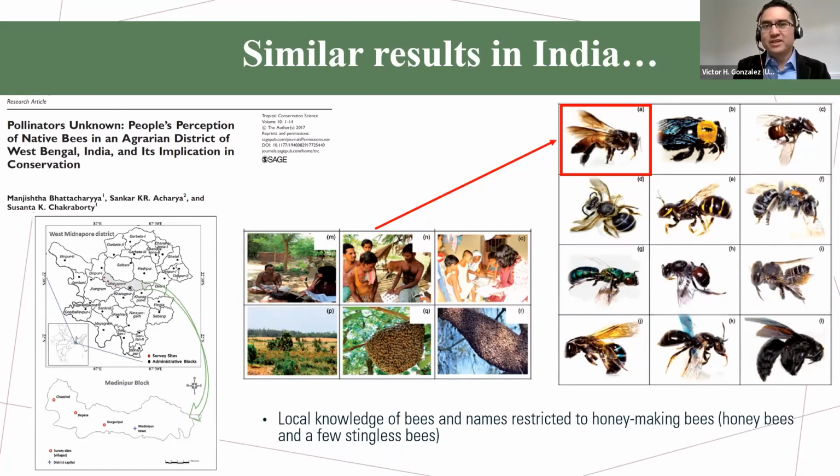These stingless bees are also social bees that make honey. And what is interesting is that they have a very good knowledge about the type of flowers that they visit and the taste of the honey, but they don't know much about the other bees, the solitary bees that are in the area.